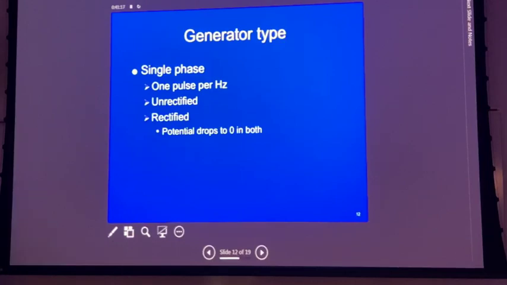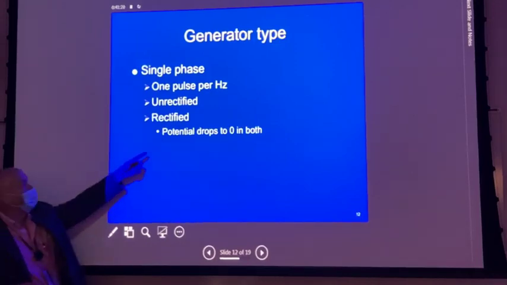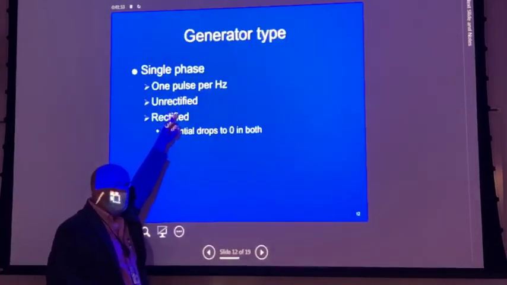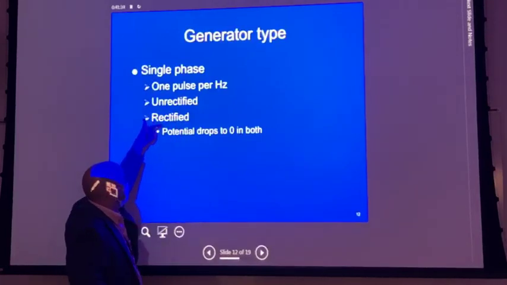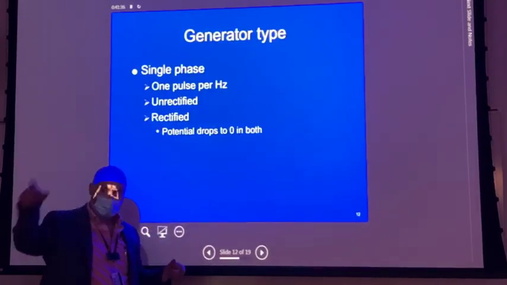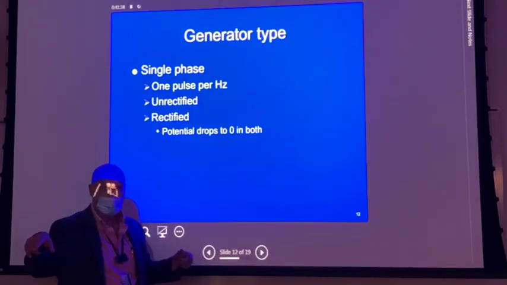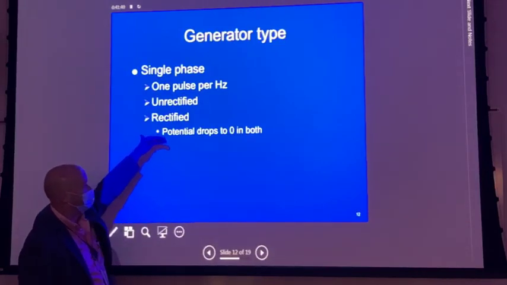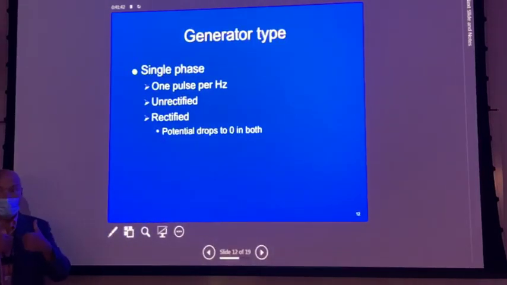The reason that we get that higher average in three phase is because the potential never drops to zero, but in both unrectified and rectified single phase, it does drop to zero. The difference between those two is that there's a noticeable pause in between the pulses in unrectified. In rectified, the pulses just back right up to each other. Okay, so individual pulses, but they don't overlap.